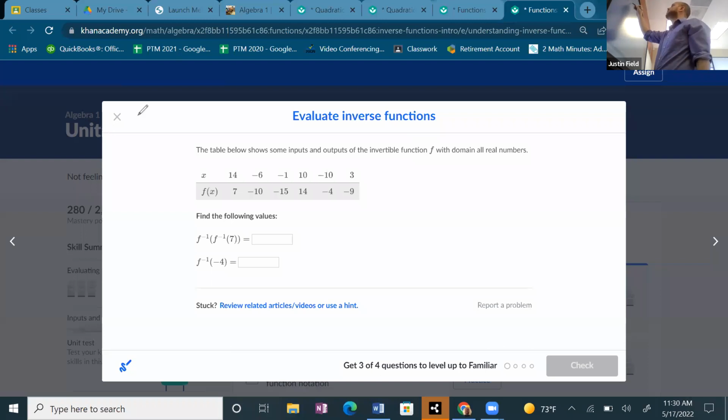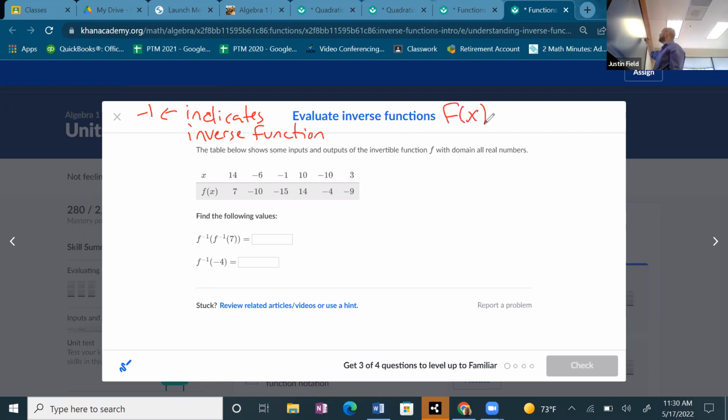The -1 exponent indicates inverse function. So we say f of x, but we don't say f -1 of x, we say f inverse of x.